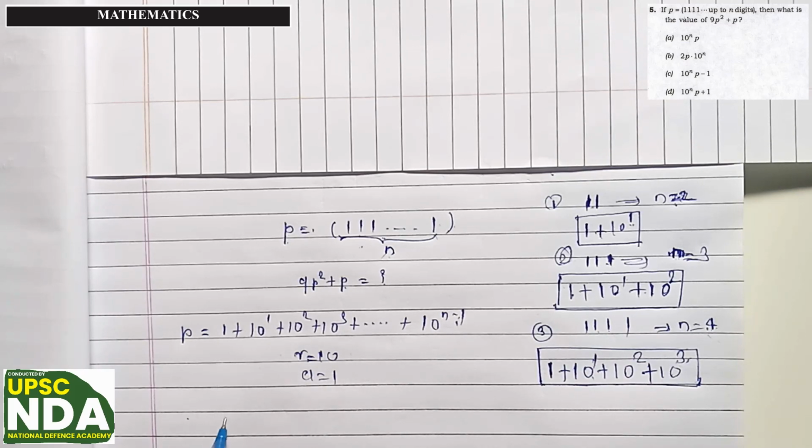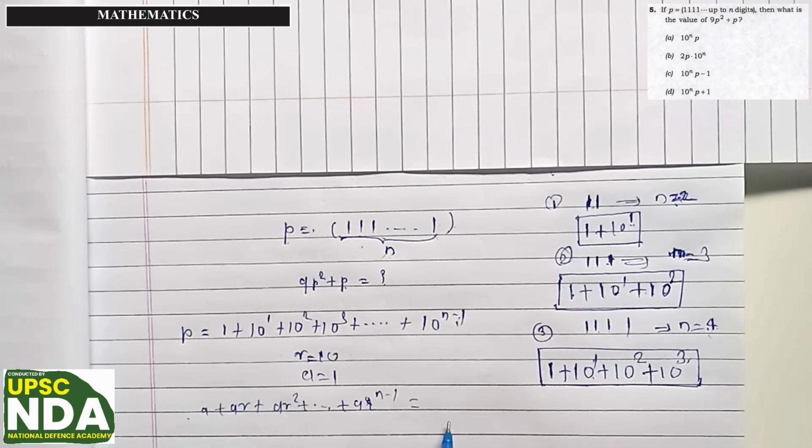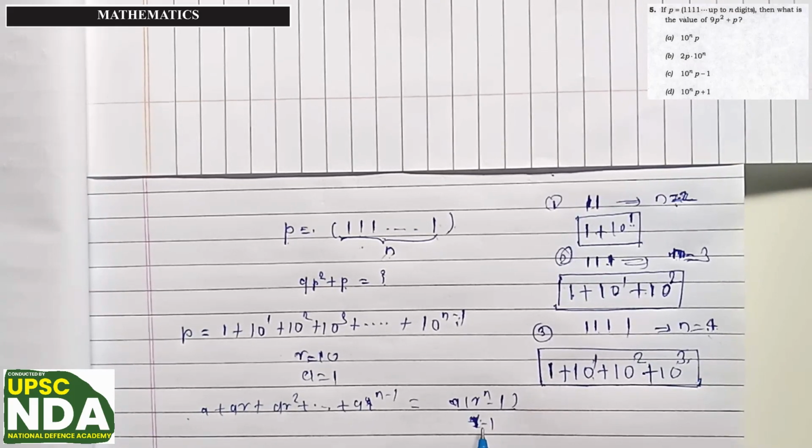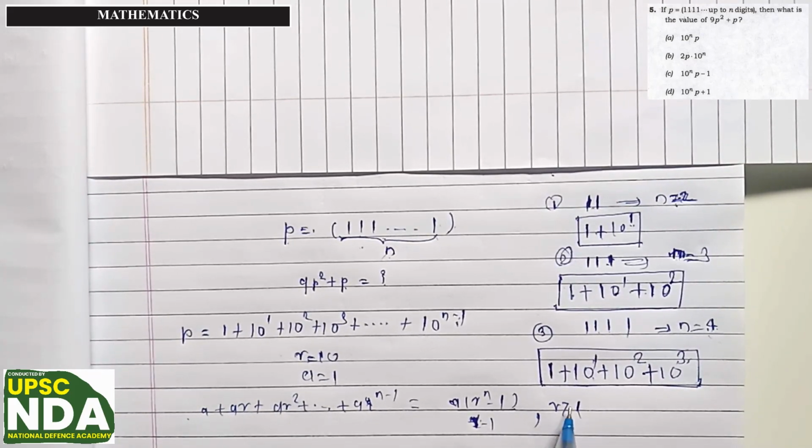Here r needs to be bigger than 1 for this result to apply. If the common ratio is smaller than 1, we have to interchange their places. Here the common ratio is 10, which is bigger than 1, so this result is applicable.